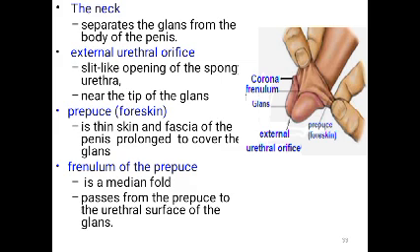The external urethral orifice is a slit-like opening of the spongy urethra near the tip of the glans. The prepuce or foreskin is thin skin and fascia of the penis prolonged to cover the glans. The frenulum of the prepuce is a median fold that passes from the prepuce to the urethral surface of the glans.